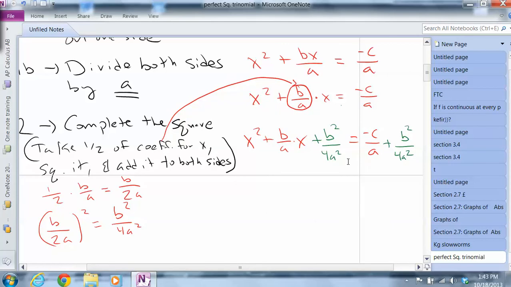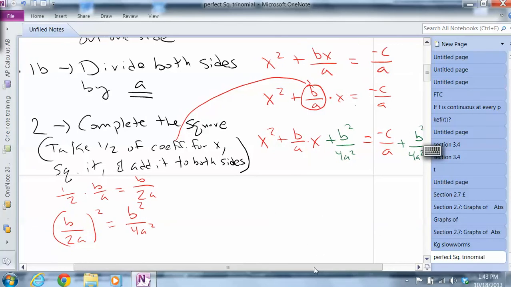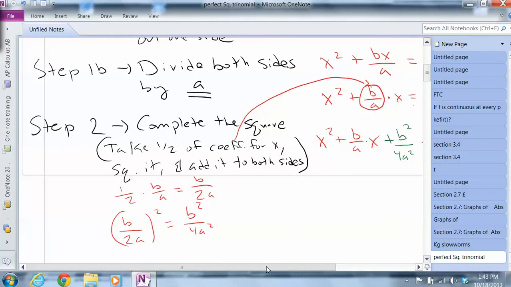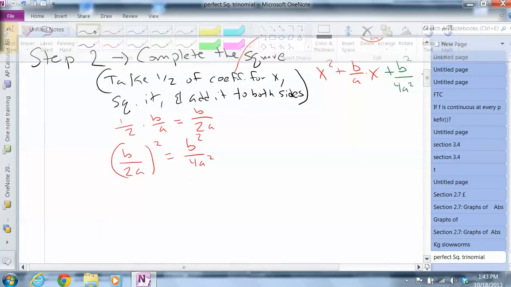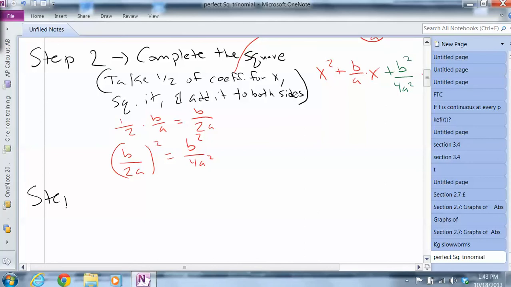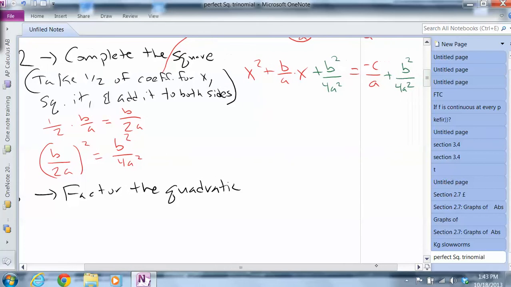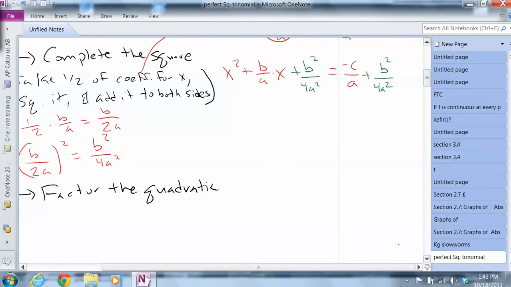This is where it gets a little bit crazy. For step 3, you want to factor the quadratic. So our quadratic is the left side of the equation, right?